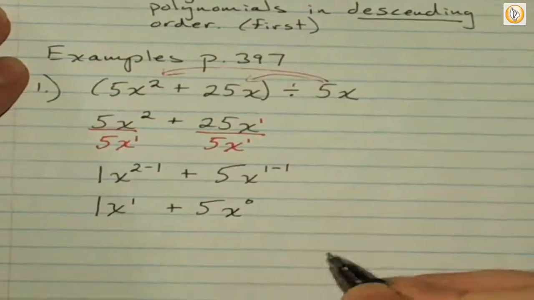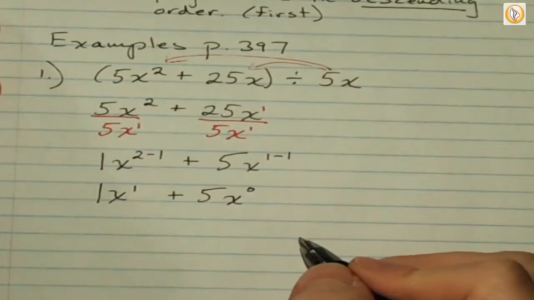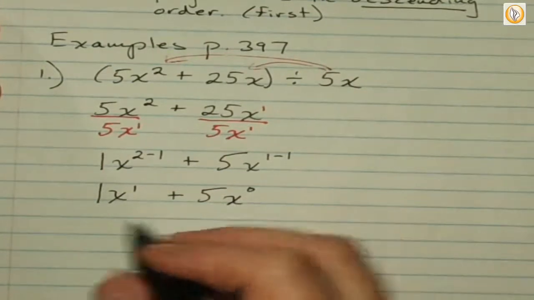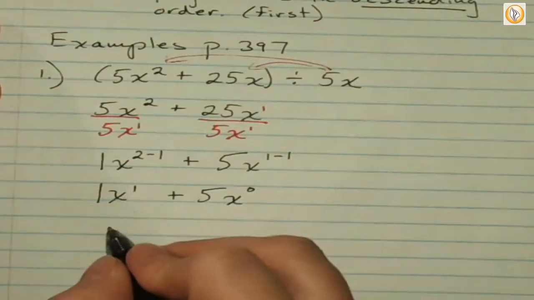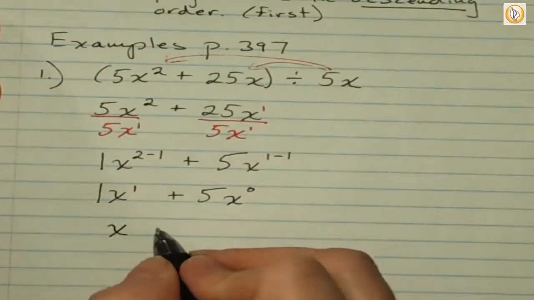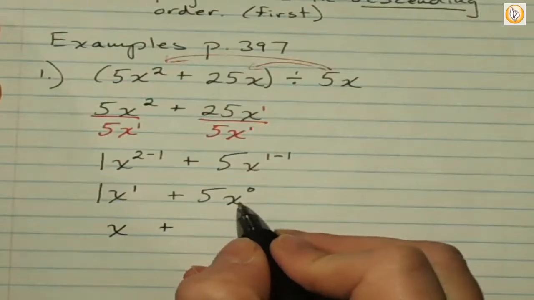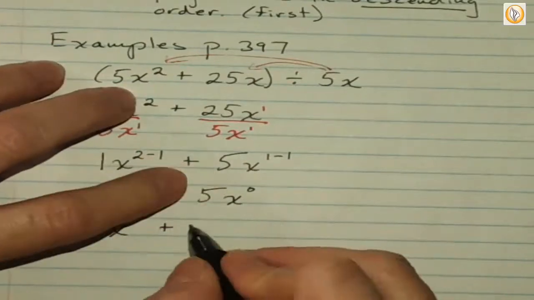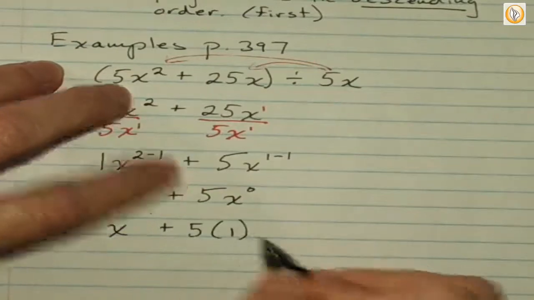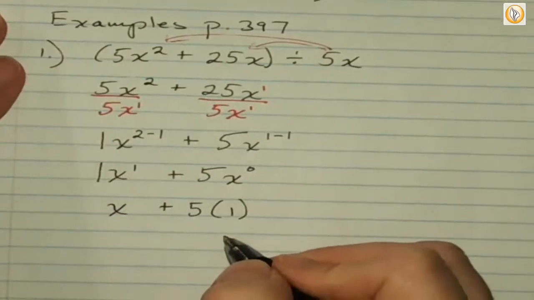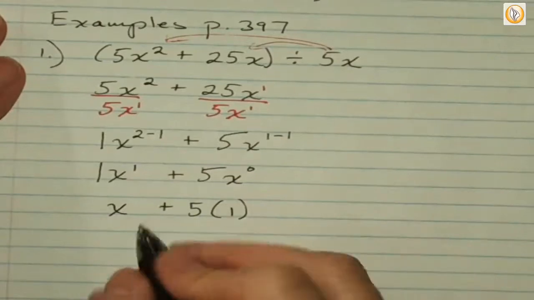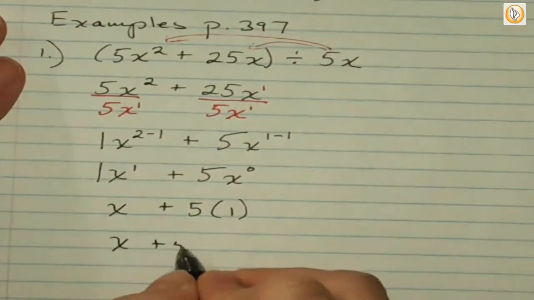X to the 0. Y'all following me so far? Okay, so we could rewrite this as just x plus, what is x to the 0? 1. So that's really 5 times 1, which is 5. So the answer is x plus 5.